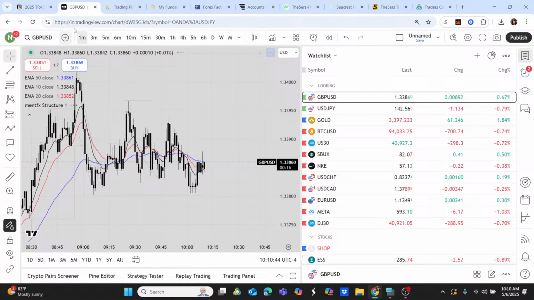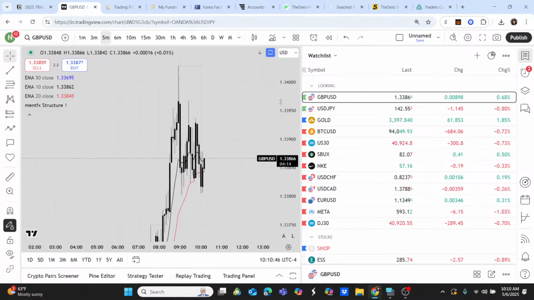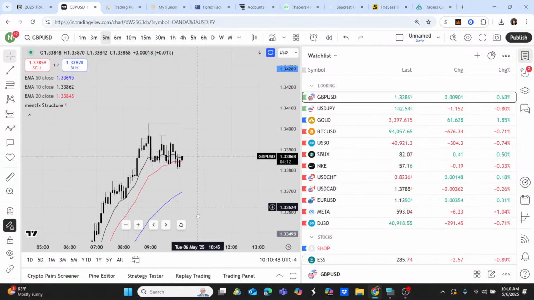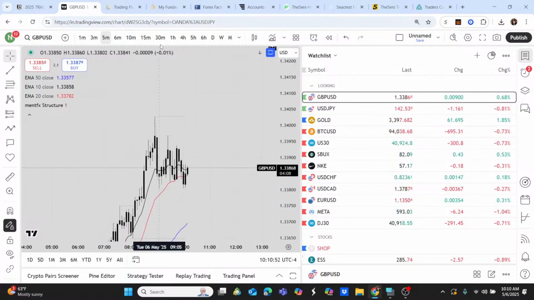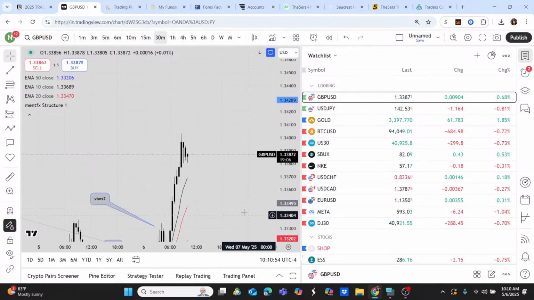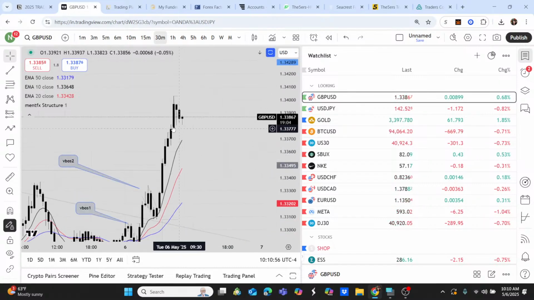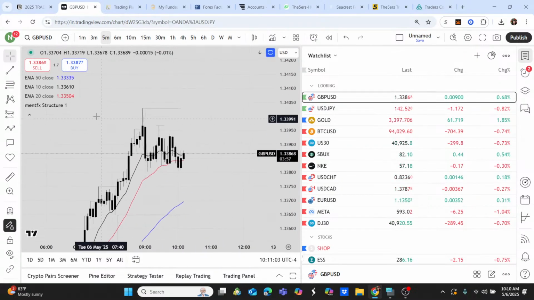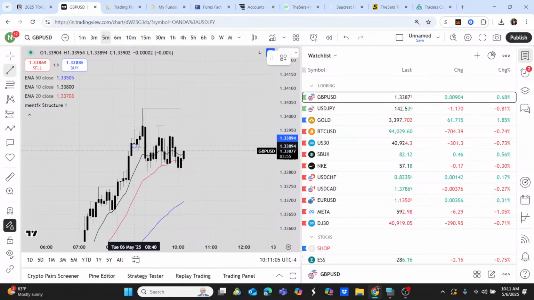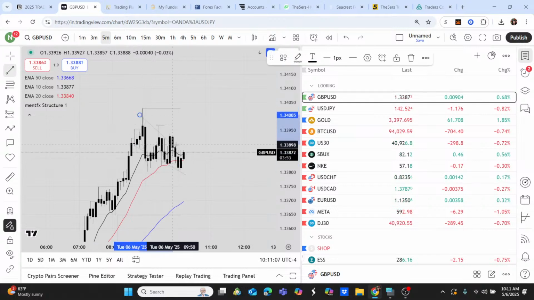Let me just take a look at GBPUSD real quick. It's setting up. 5 minutes, still not all the way ready. We are pausing, creating the validation break of structure 3 right here. Yeah, this is what I see right there.